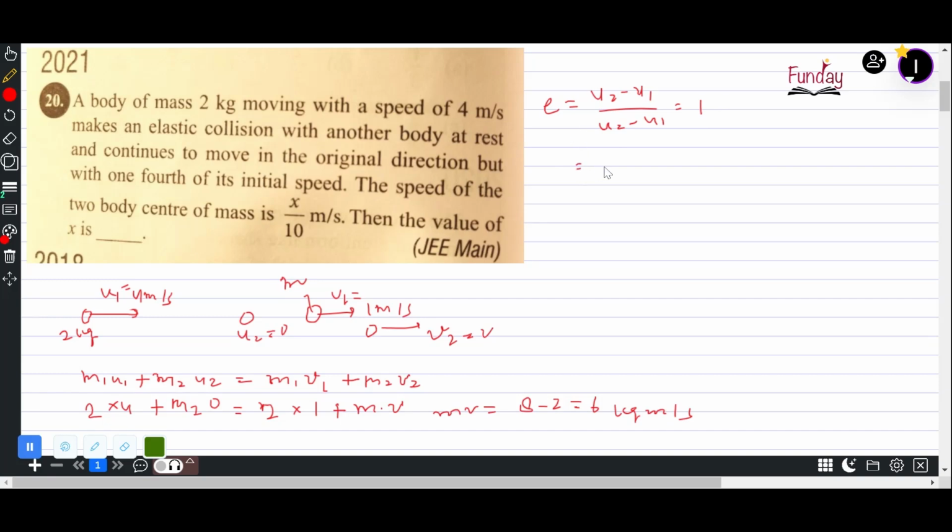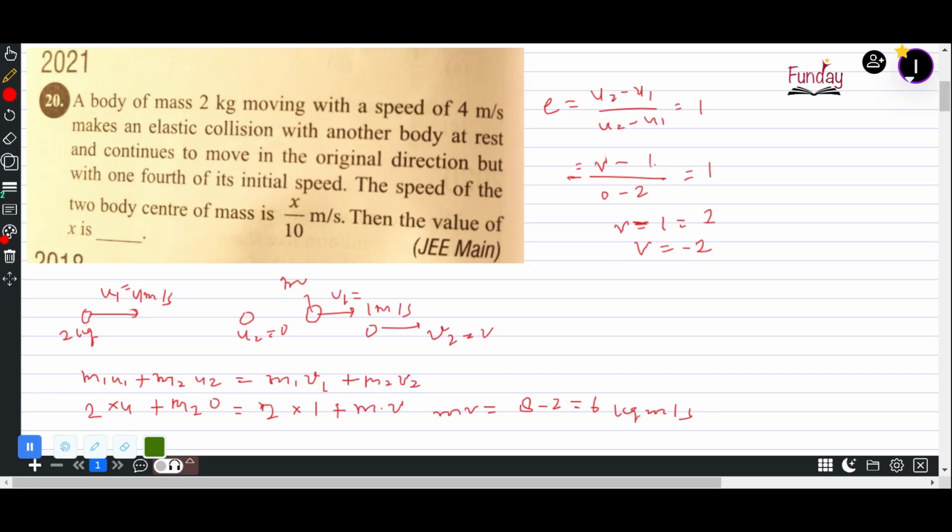So here we have v minus v1, which is 1, over u2 minus u1, which is 0 minus 2. There is always a minus here. Now you can put a mod, whatever you choose. So v minus 1 is equal to 2. So v is equal to minus 2. Correct?